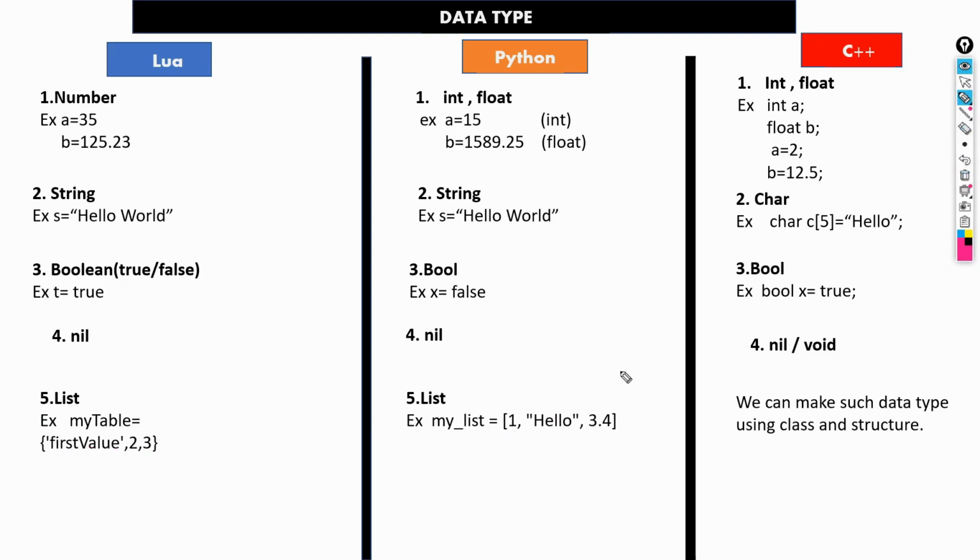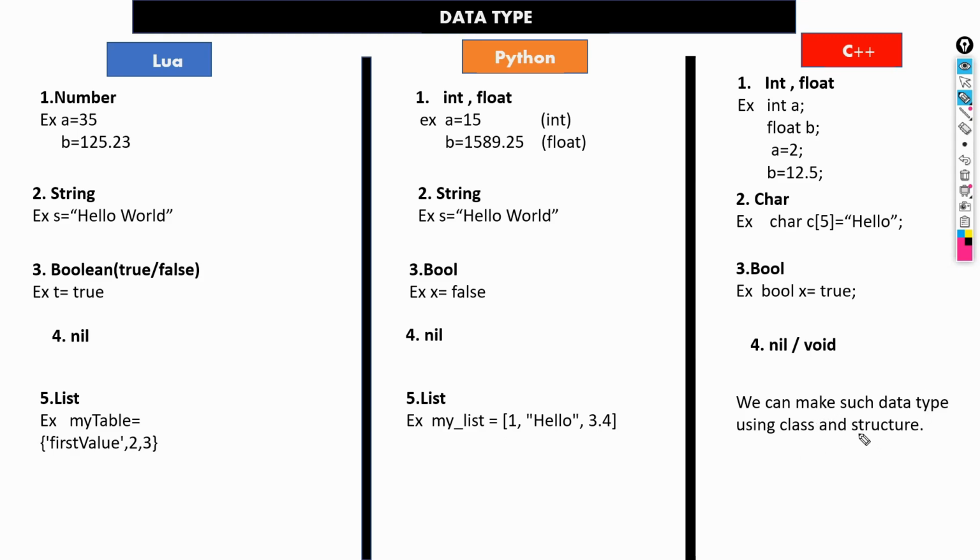But there is a difference if you notice properly. I told you the syntax is only different. If you notice these brackets, they are curly brackets over here, but in Python they are square brackets. In C++, there is no basic data type in which you can combine string, float and integer.